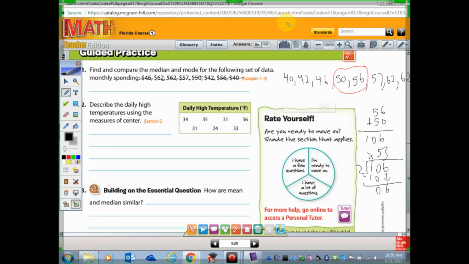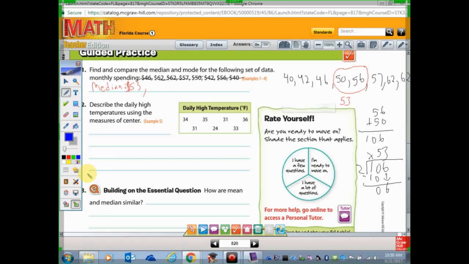So my median is going to be 53. So I'll go ahead over here and put median is equal to 53.